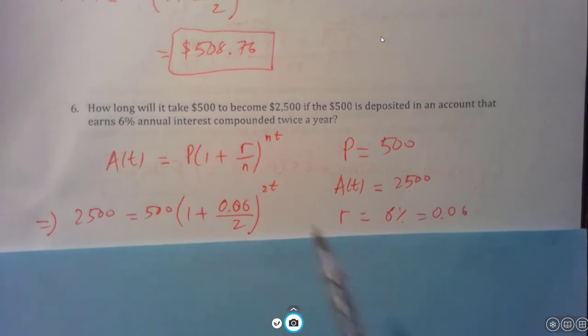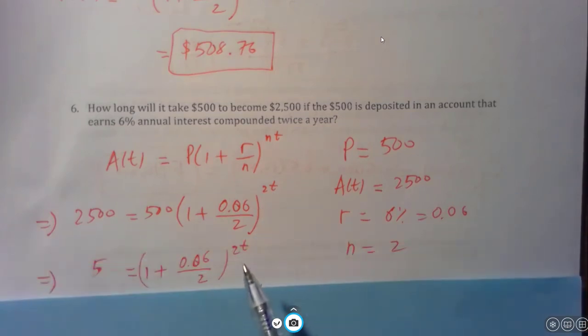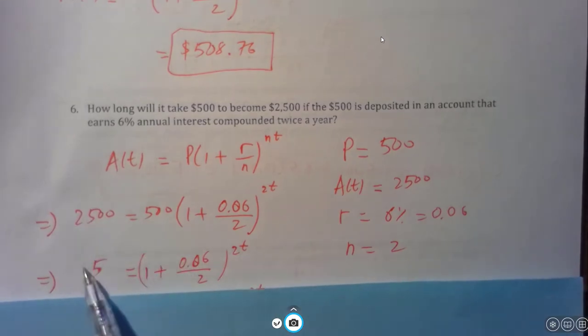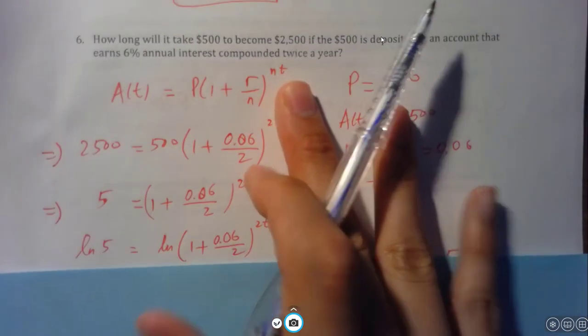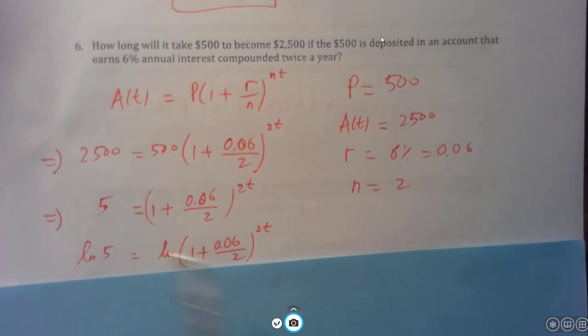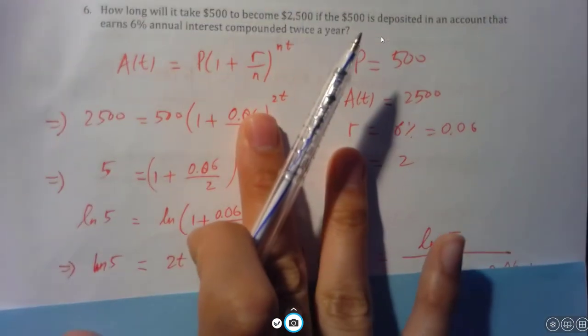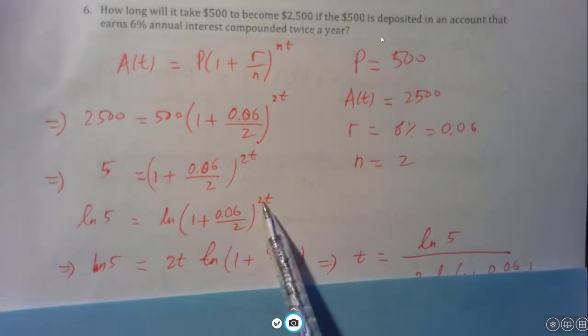Now to solve for t, this is an exponential equation. The first thing is you divide both sides by 500. And then the best way to solve any exponential equation is to take the ln on both sides. Why? Because when you take ln, you can bring the exponent down.